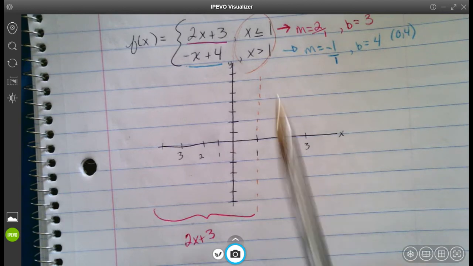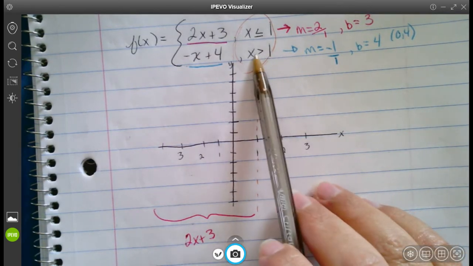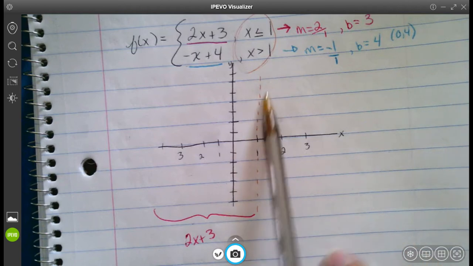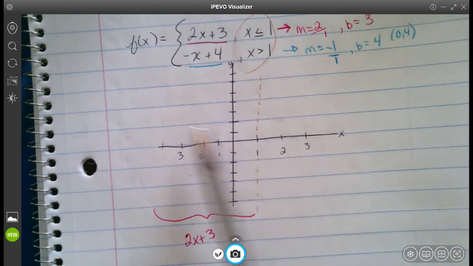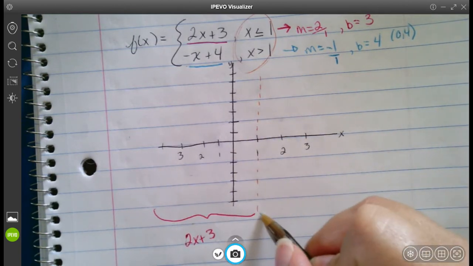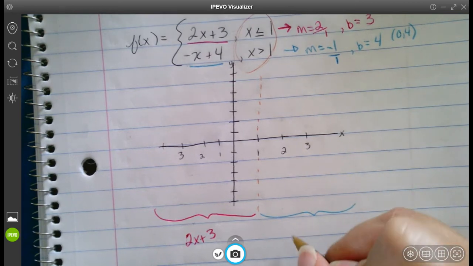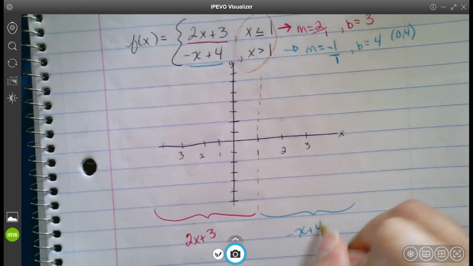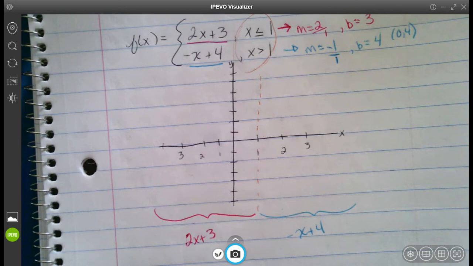The other side, x is greater than 1, is on the right side. So on the right side of 1, bigger than 1, we have this guy. So I'm going to go ahead and just label this for myself, negative x plus 4. Okay, so that means that this line is going to take over this piece, and this line is going to take over this piece. So that's the first thing you want to do.